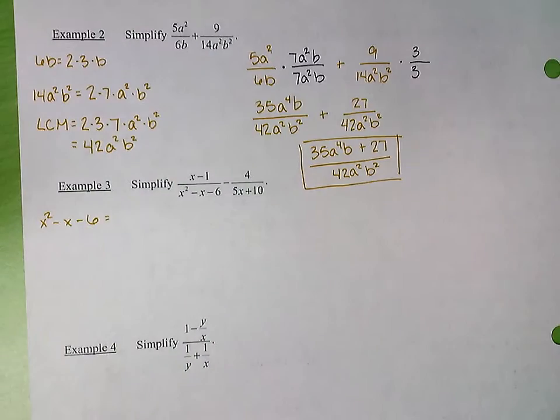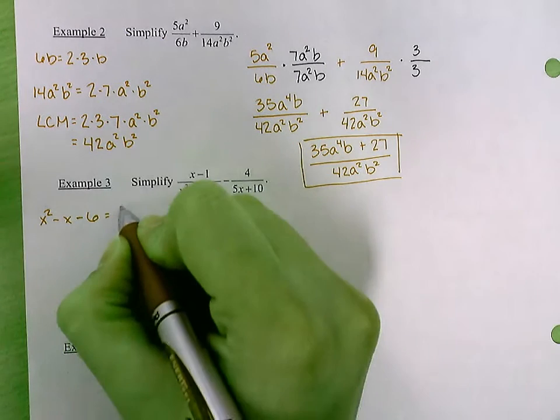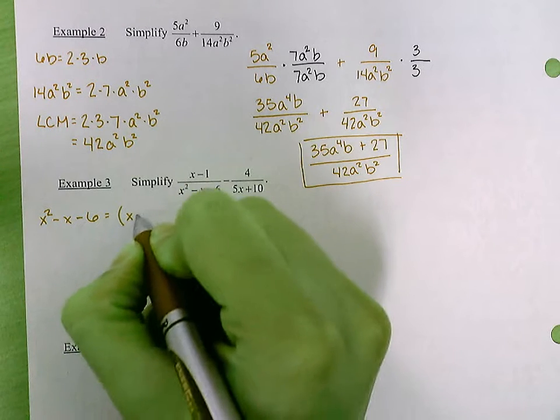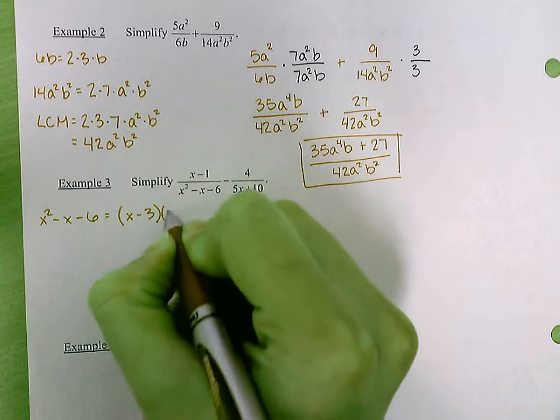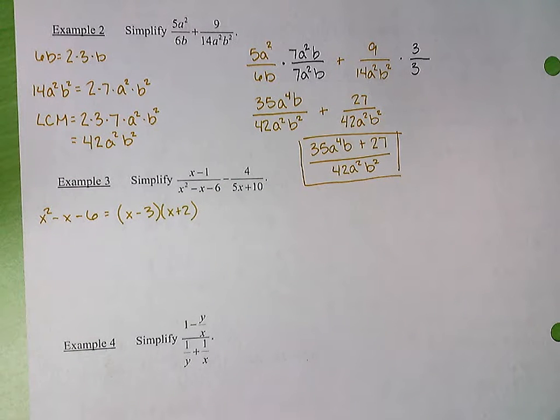And we want to factor that. Okay, if you need to do the x method, you do the x method. What multiplies to negative 6 and adds to negative 1. X minus 3, x plus 2.